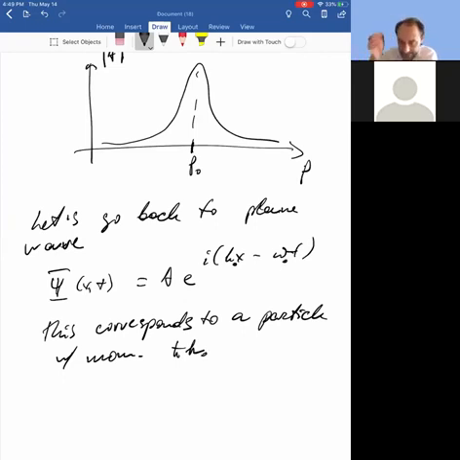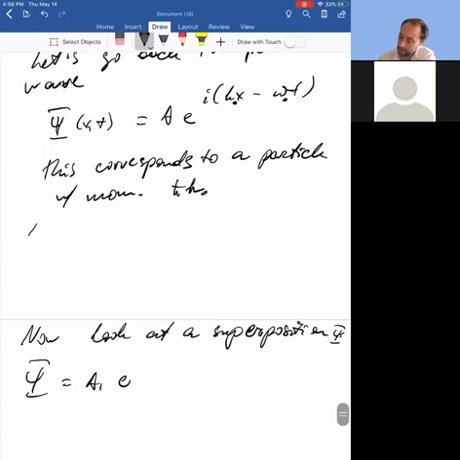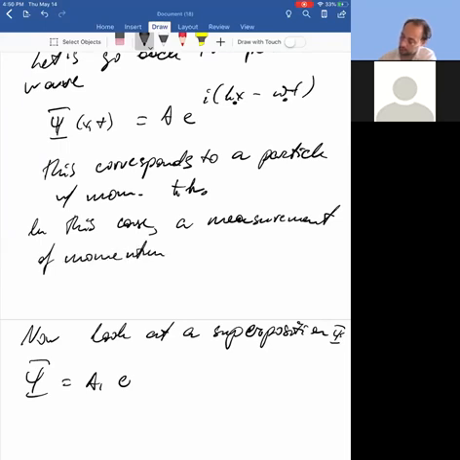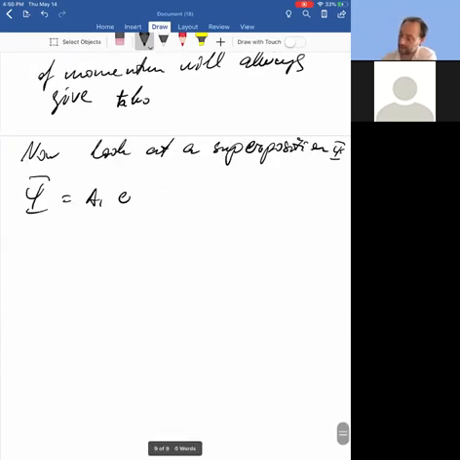K naught being a particular value of k. In this case, a measurement of momentum will always give h bar k naught. Okay, and a measurement of position can give anything.